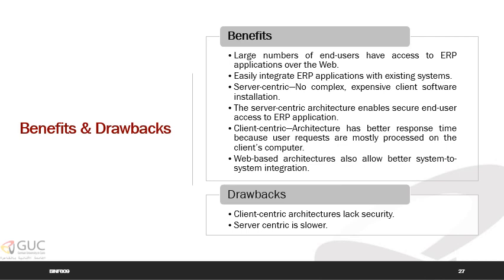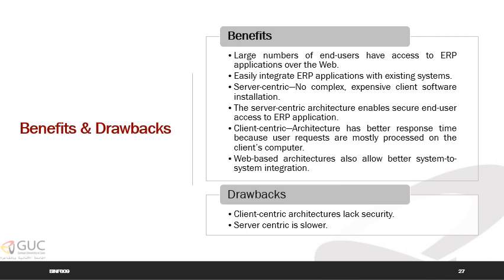The internet architecture can be either server-centric or client-centric. The server-centric architecture enables secure end-user access to ERP application modules from any internet-enabled device that uses such standard internet technology as HTML or XML, which can access and execute ERP applications.